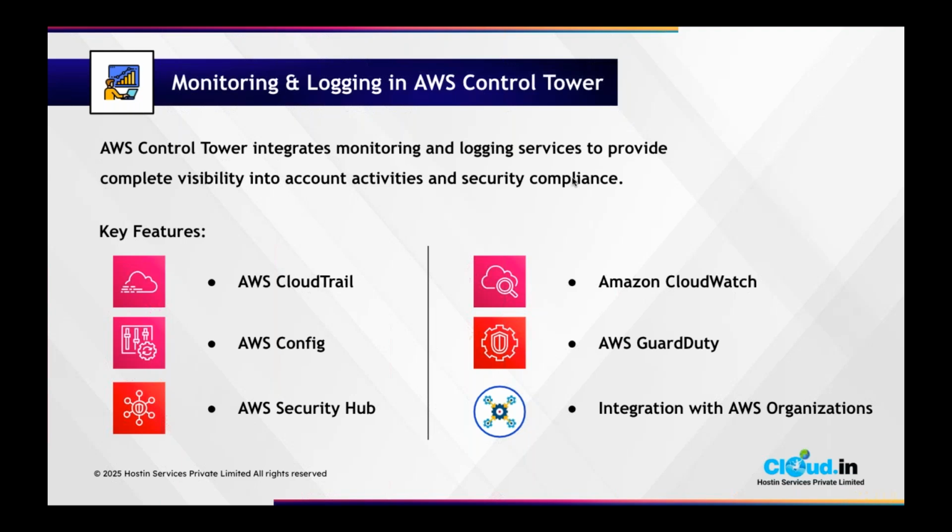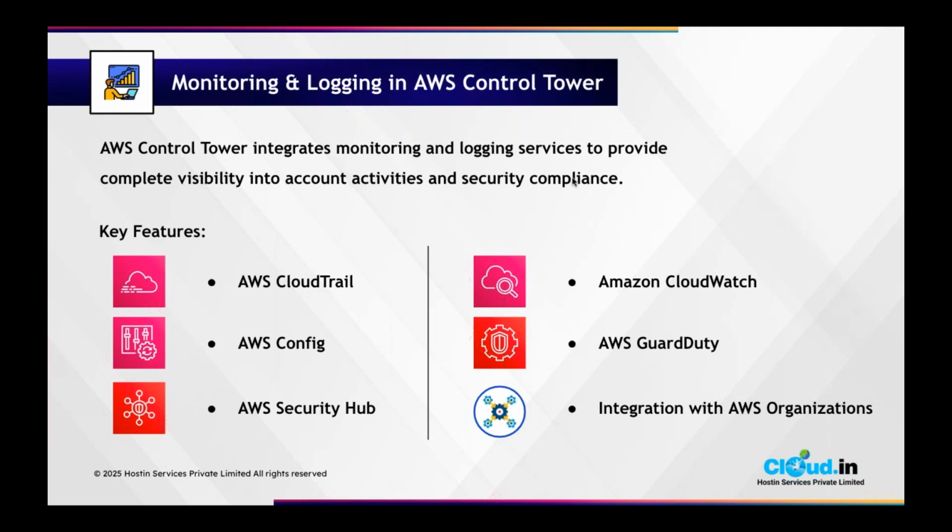And with CloudWatch alarms, you can get alerts if, say, an EC2 instance starts using excessive resources. For example, if an EC2 instance is suddenly using 90% CPU for an extended period, CloudWatch triggers an alarm instantly.